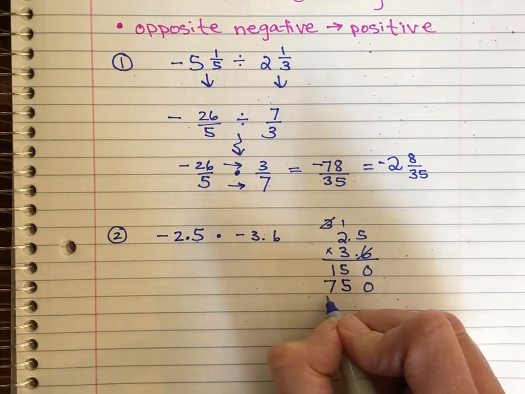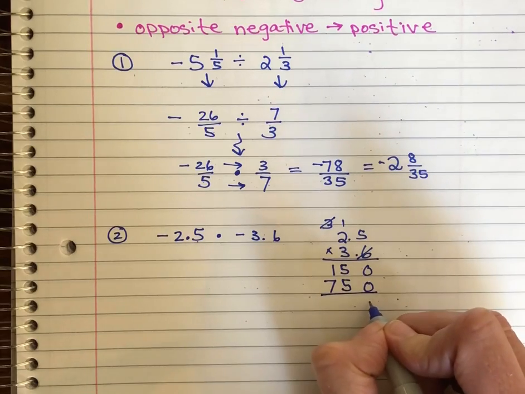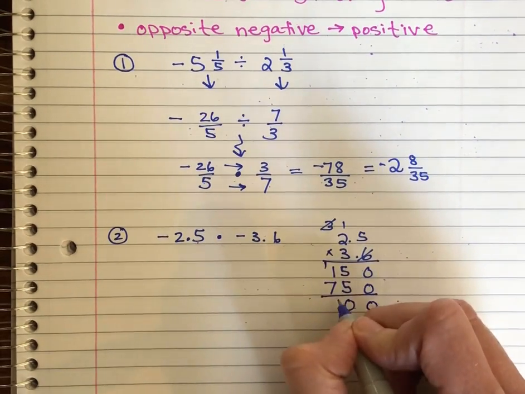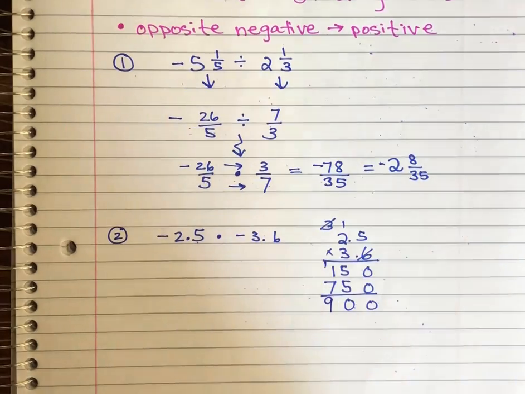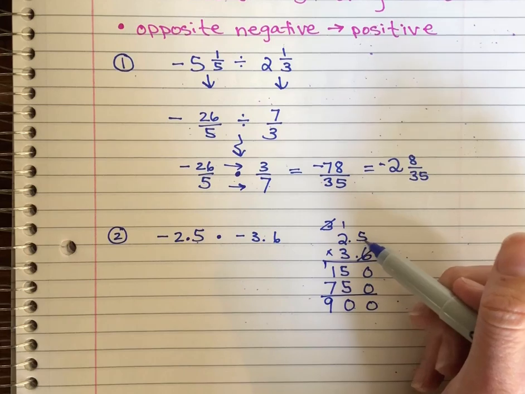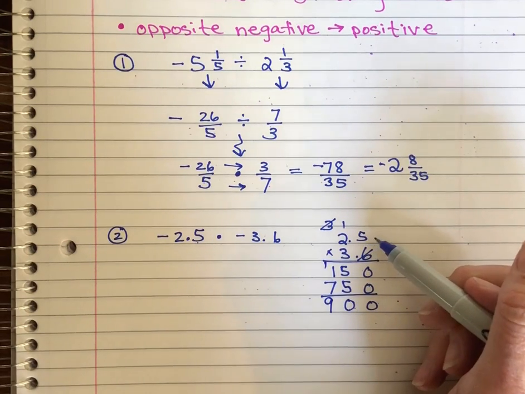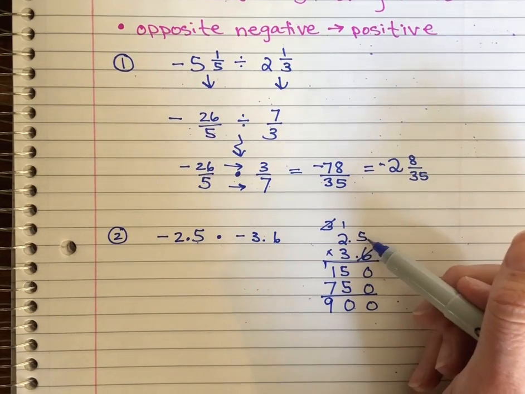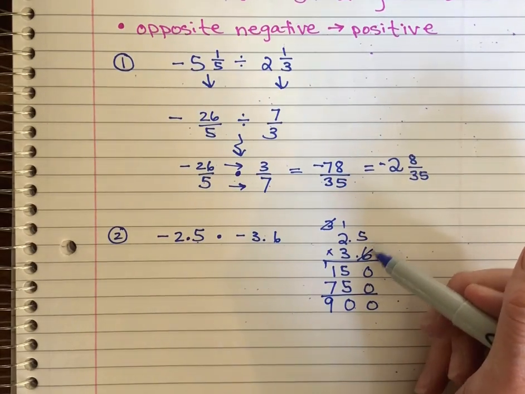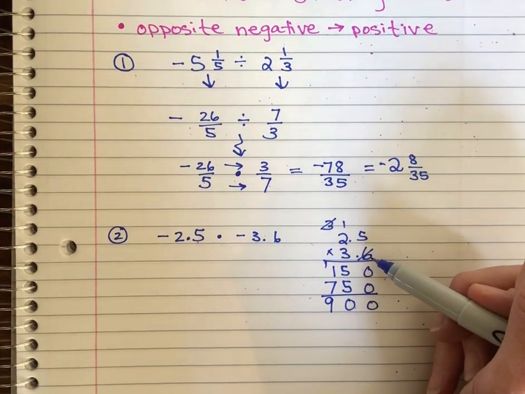Let's go ahead and add them up. 0 plus 0 is 0. 5 and 5 is 10, carry the 1. And 7 and 2 more makes 9. We can estimate this if we want. 2.5 is close to 3, a little bit less though. 3 6/10 is close to 4. 3 times 4 is 12.